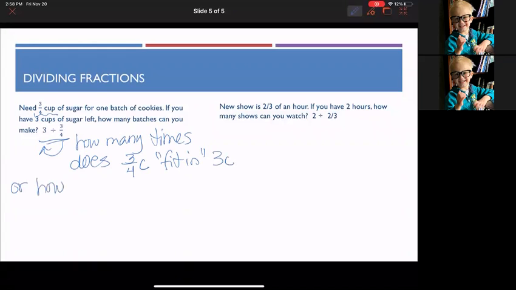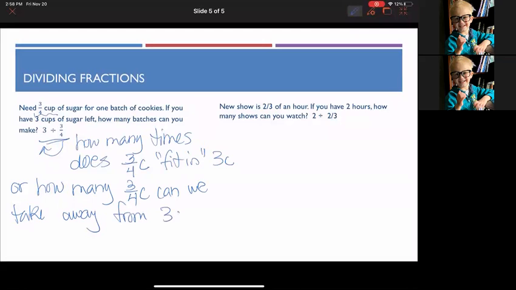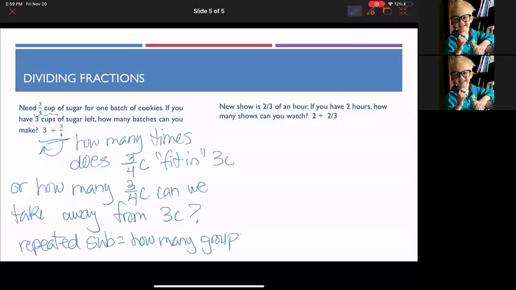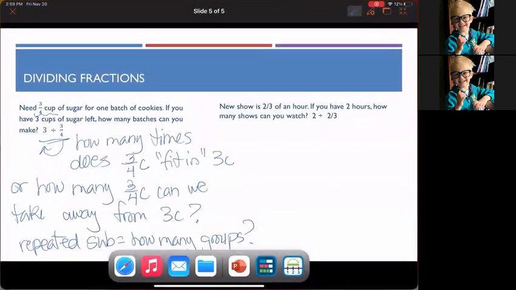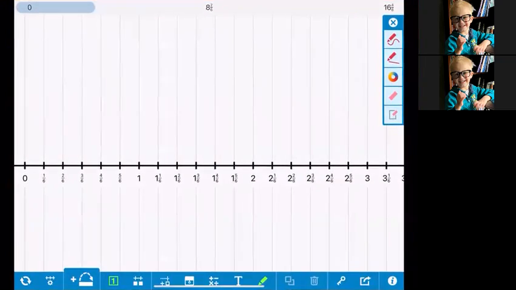Or how many 3/4 cups can we take away from 3 cups? So this is that measurement division, repeated subtraction, or how many groups interpretation of division.